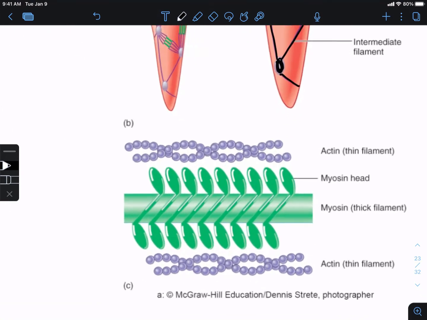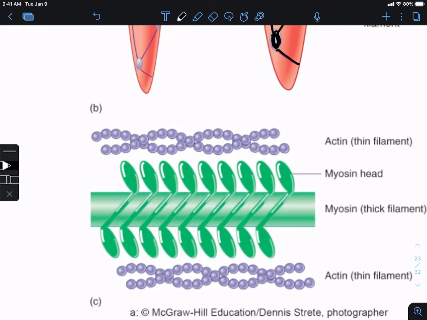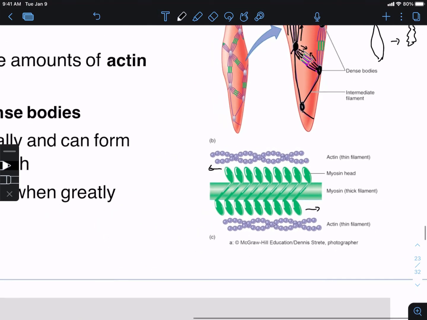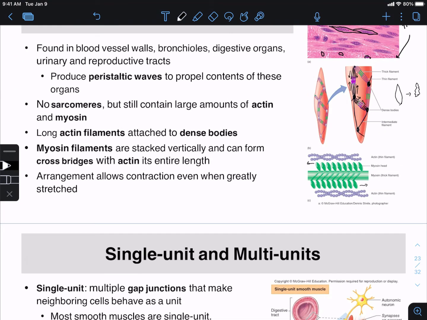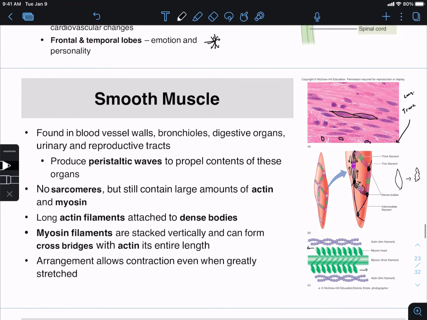Here's a closer look at how those actin fibers and myosin heads interact with each other. And we actually see it where these heads are going to move in that direction, these heads are going to move in that direction, which makes it even greater of a bunching up of these filaments. And it allows for a completely different type of contraction.